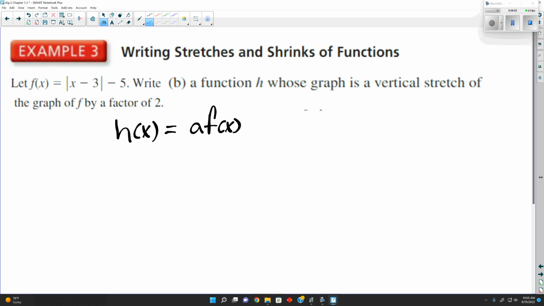Now, what is the value of the stretch or shrink that we're dealing with for this function here? It is 2. So 2 is going to go in place of a.